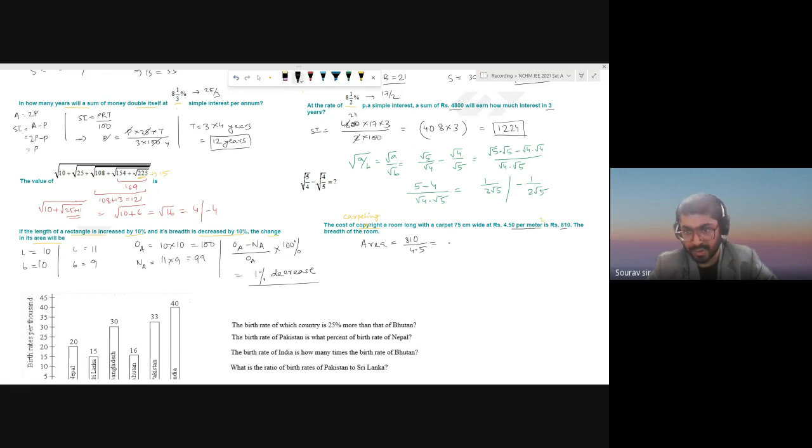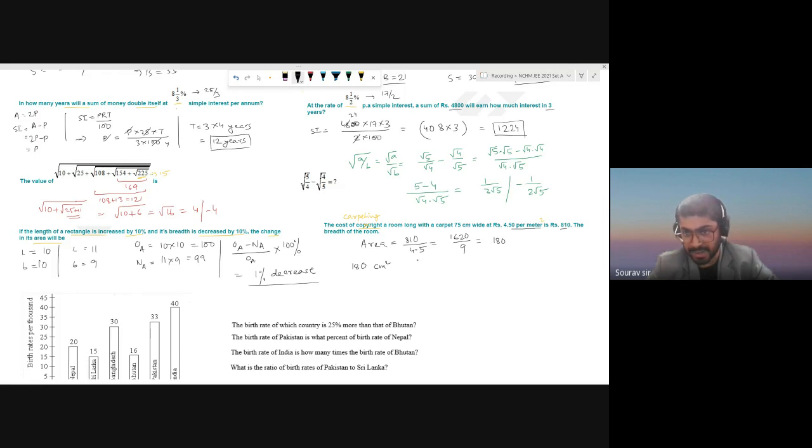So 4.5 multiplied by 2, we're gonna get 1620 by 9. Yeah, now it's easy. So 180. Right? So the area of the room is 180 meters square.